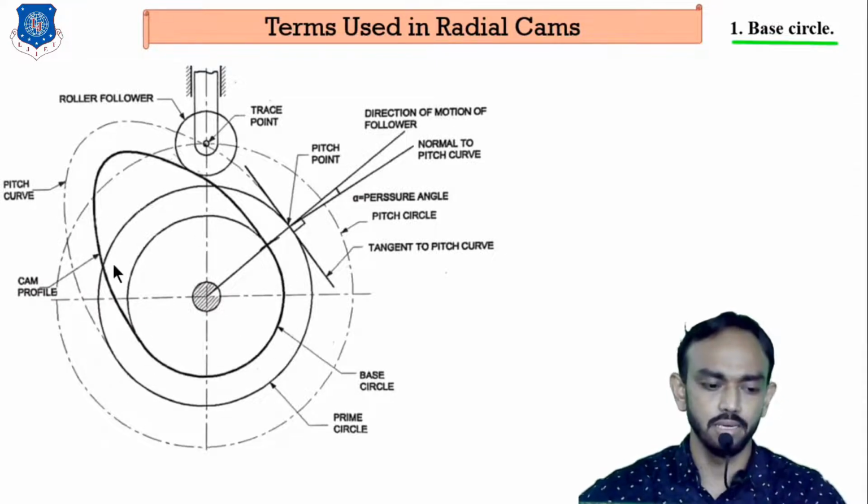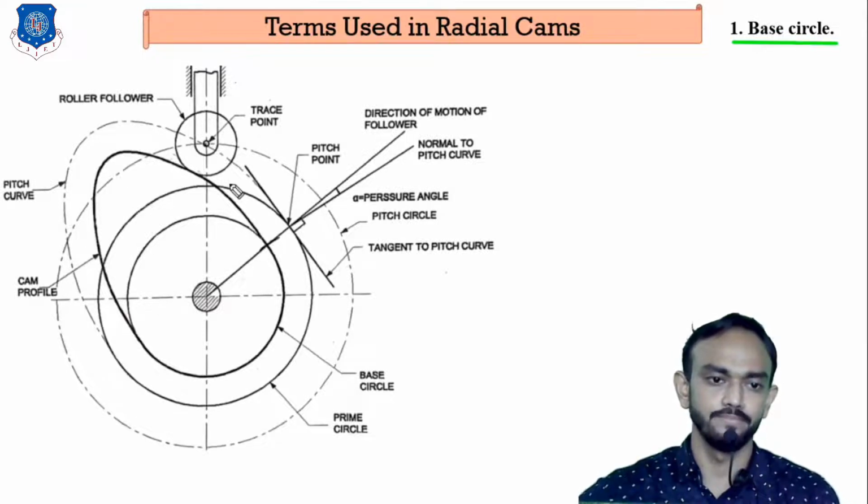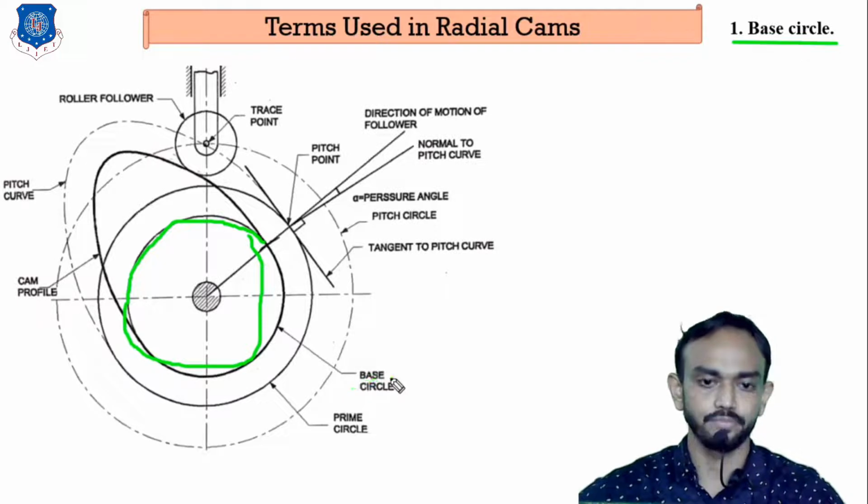You can see here the dark line is the cam profile, and the roller is touching here. So the smallest possible circle, you can see this is the smallest circle that can be drawn in that cam. So it is known as a base circle.